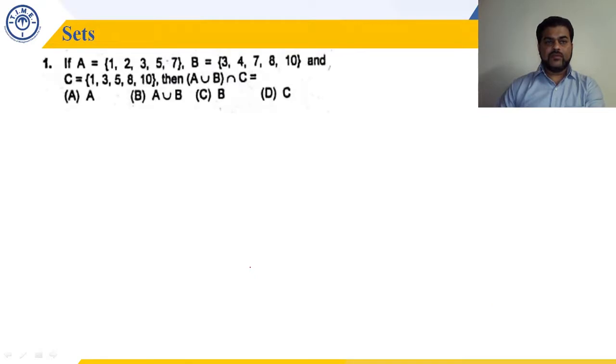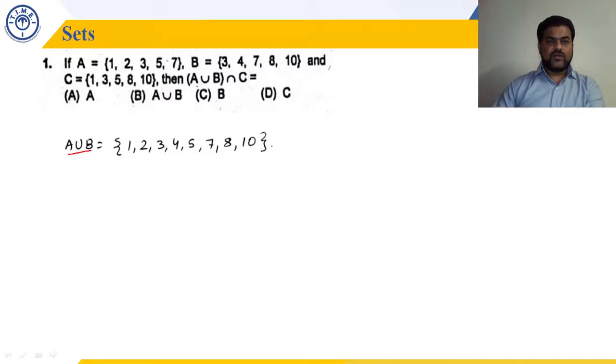Let's look at a couple of examples which are related to union and intersection of sets. Okay. So here we have three sets A, B and C. So A is 1, 2, 3, 5, 7, B is 3, 4, 7, 8, 10 and C is 1, 3, 5, 8, 10. Then what is A union B intersection C? Let's look at this. What is A union B first?